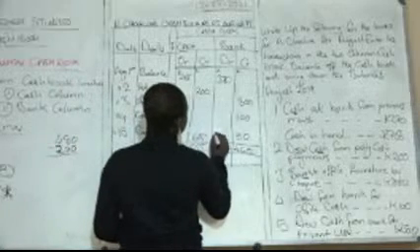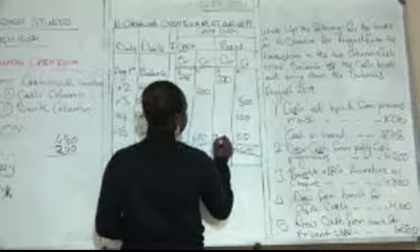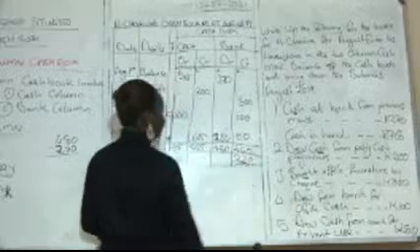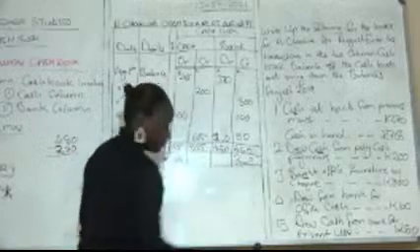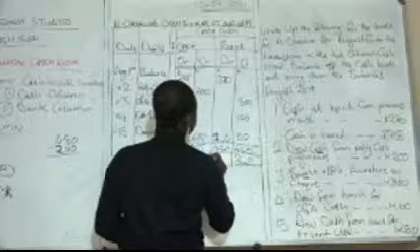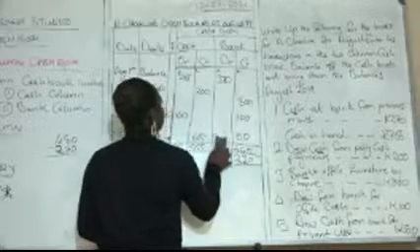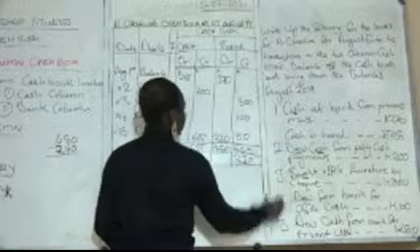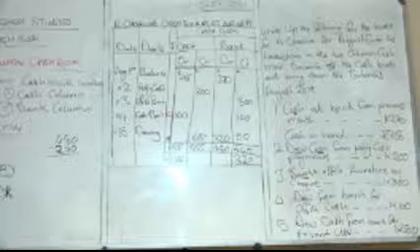I don't have a calculator, so I'm just going to place any amount. So we have balanced off the cash book, the 2-column cash book, and that's how we deal with the 2-column cash book.